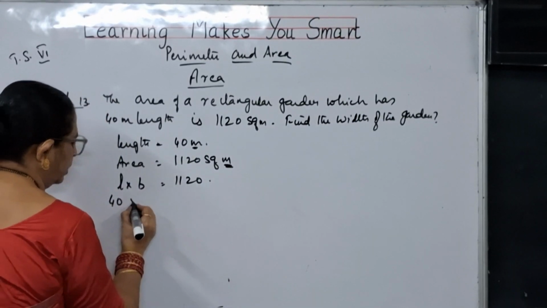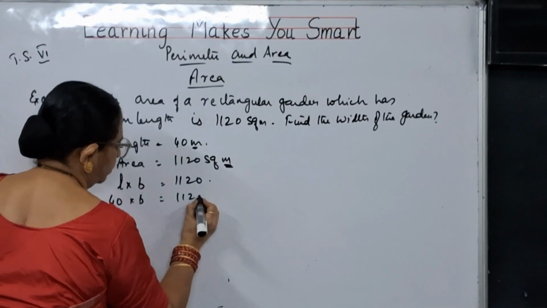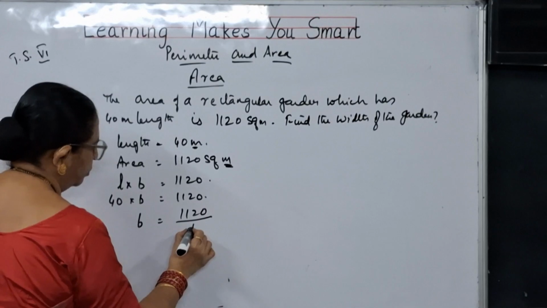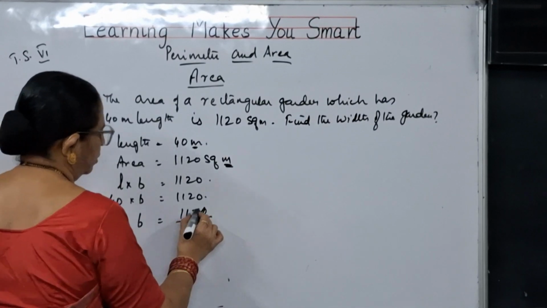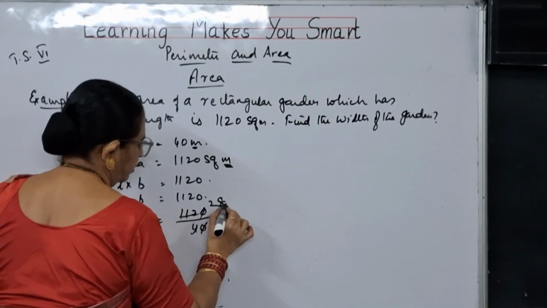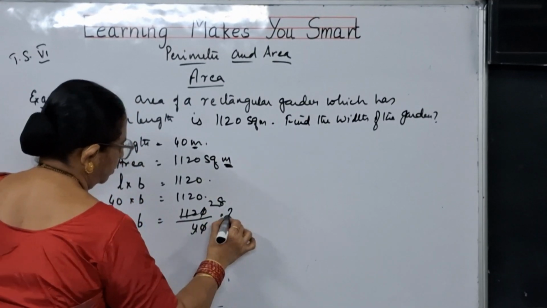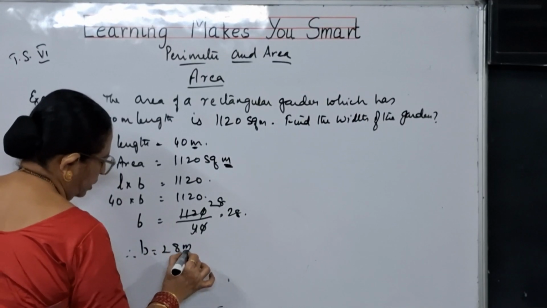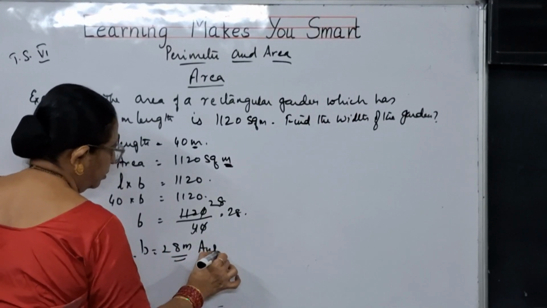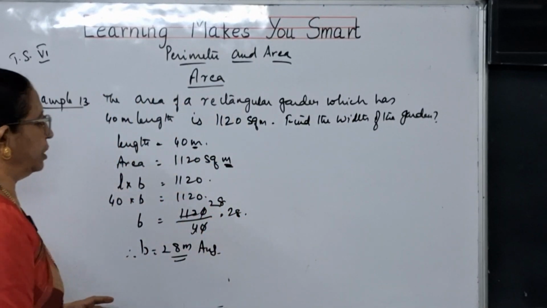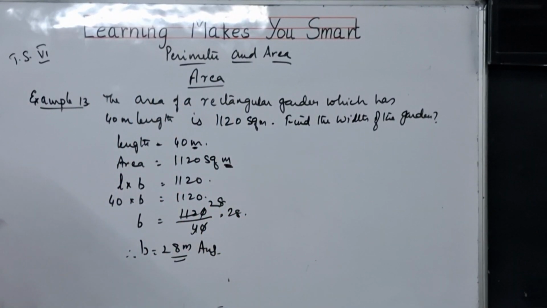Here length is 40 into breadth is 1120. So what is B? 1120 by 40. 4 2s are 8, 4 8s are 32. So it is 28. So breadth is equal to 28 meters. This is the answer for this problem, children. This is the 13th example. Please copy.